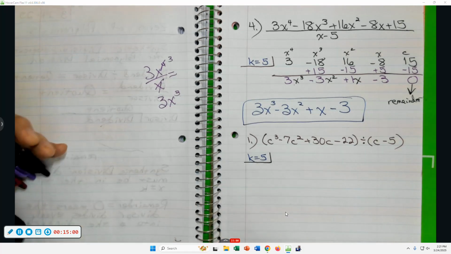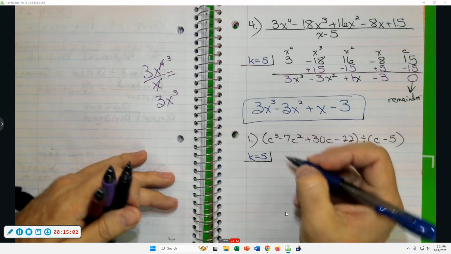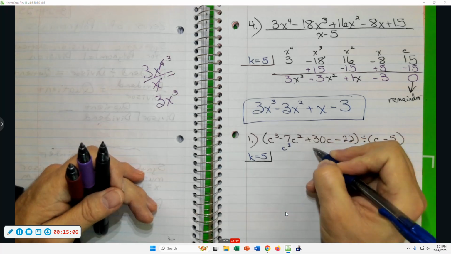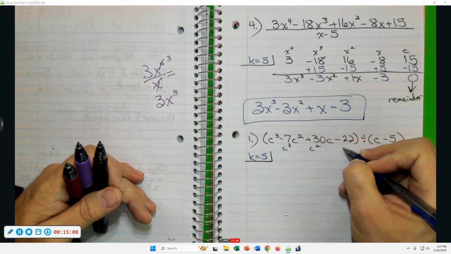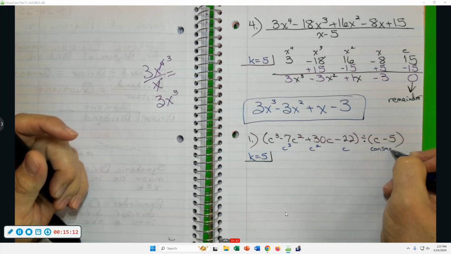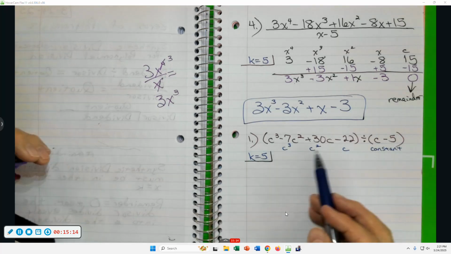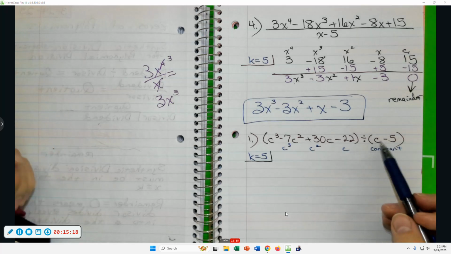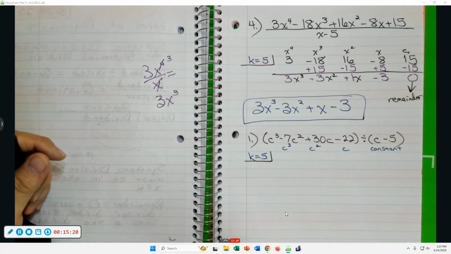And we have the coefficients for c cubed, c squared, c, and then the constant. I'll write it out since we're already using the c. I can't use c for constant like I did right there since c is the variable. Let's write out the coefficients.